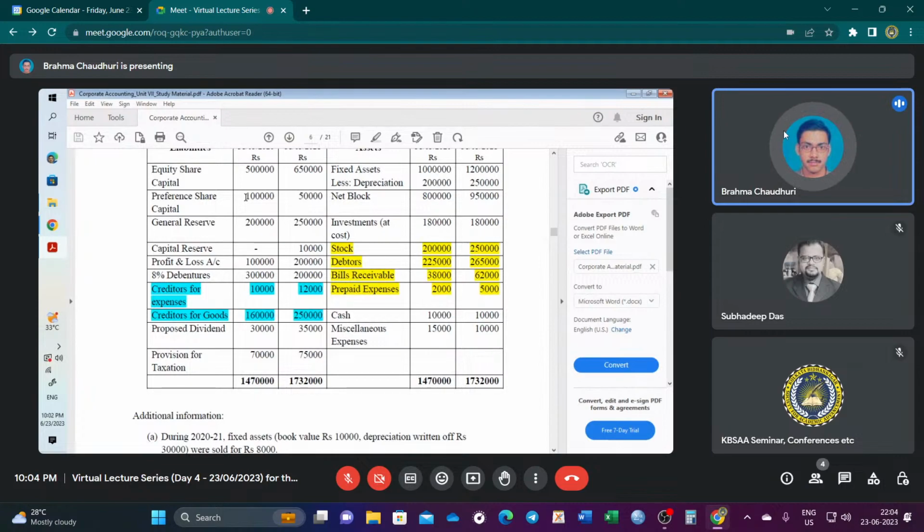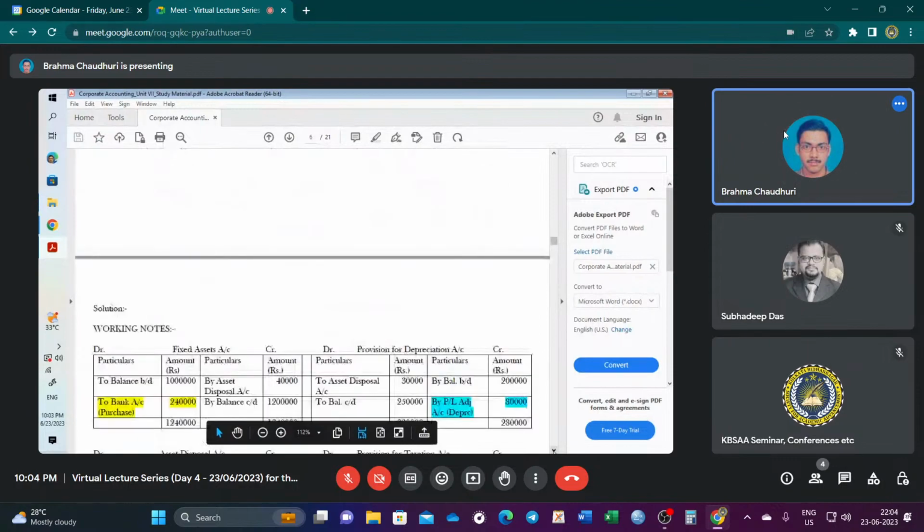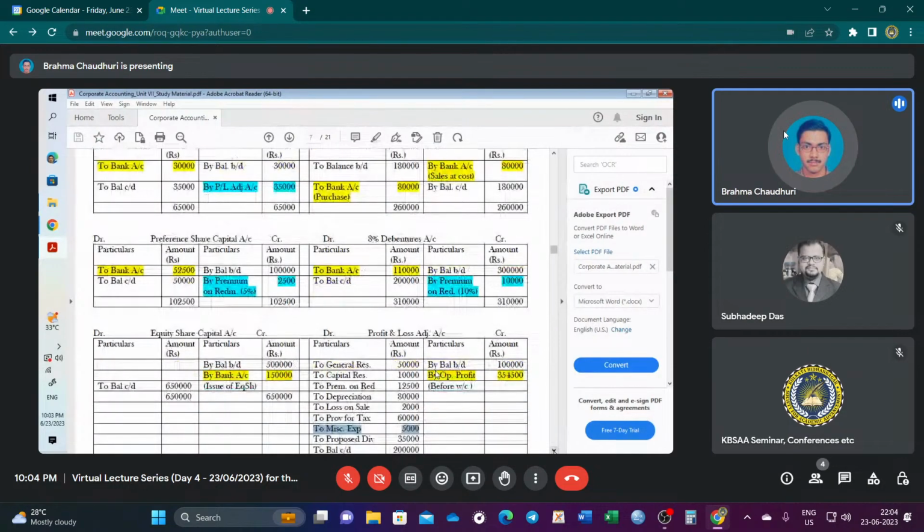Similarly, we will also prepare the 8% debenture account. 8% debenture opening balance is 3 lakh and closing balance is 2 lakh. So first of all, we will open these accounts. Preference capital by balance brought down 1 lakh to balance carried down 50,000, and 8% debenture by balance brought down 3 lakh and to balance carried down 2 lakh. So this is given in the problem.